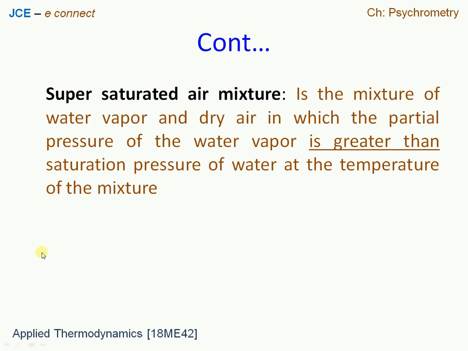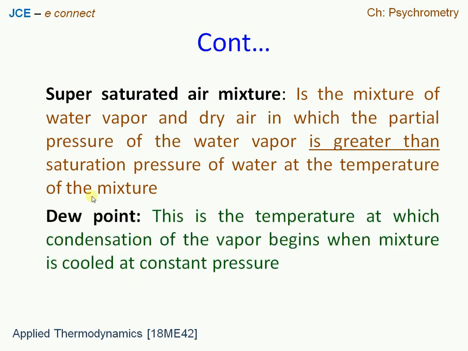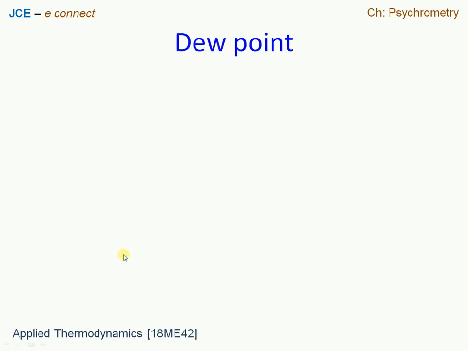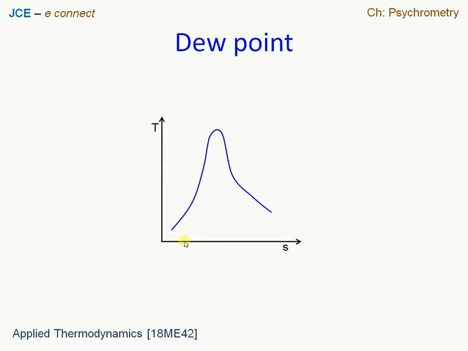Now let us look at the next property, that is the dew point. So dew point is the temperature at which condensation of the vapor begins when the mixture is cooled at constant pressure. Let's understand this a little better considering a TS plot. Here we have a TS plot and a saturation dome, and let's say that our moisture sample is in the superheated region.